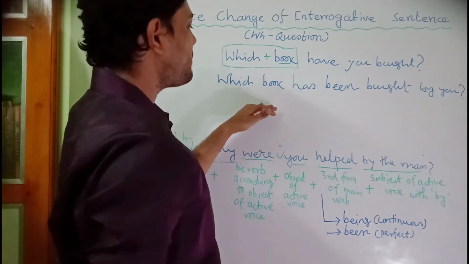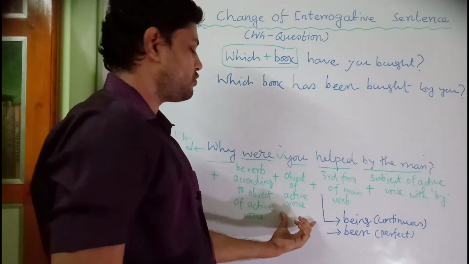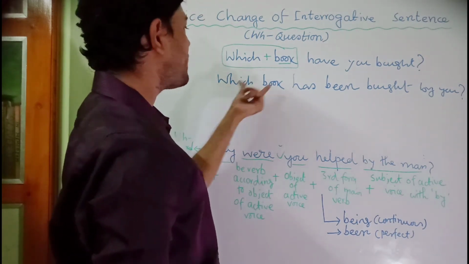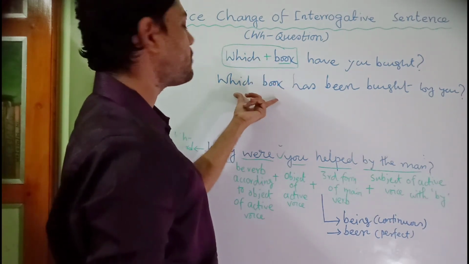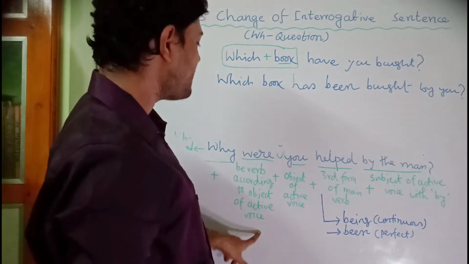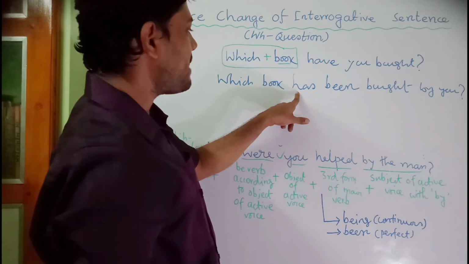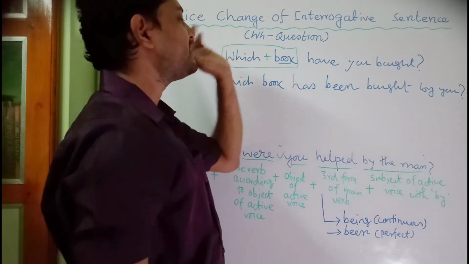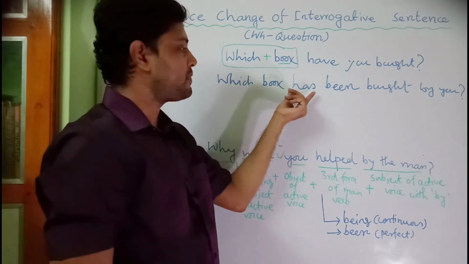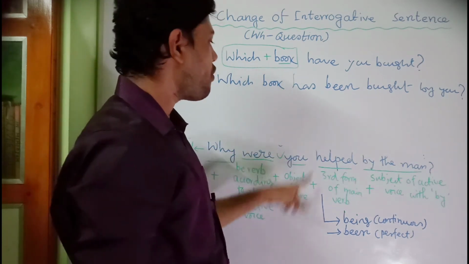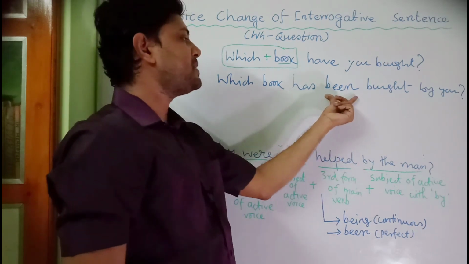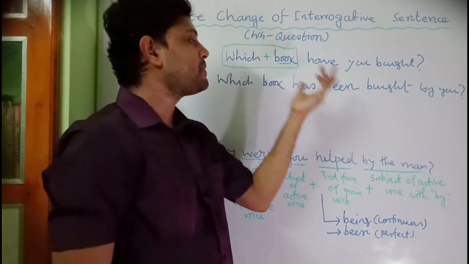So here we have to modify the rule. First, not only the WH word, but the word attached with the WH word, okay, which book, then the be verb has come, but as the object is not clearly mentioned here, we have to put it in the singular form, and then there is no object, so this place is vacant, and been has arrived, this is the present perfect tense.